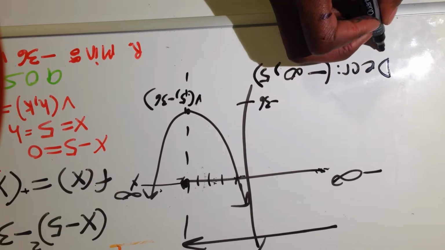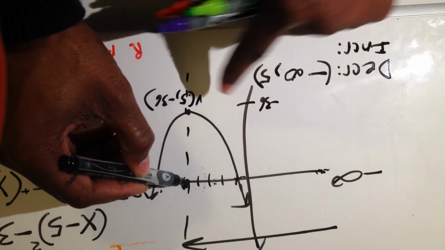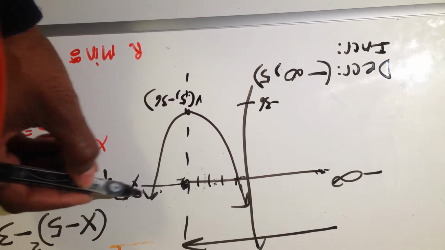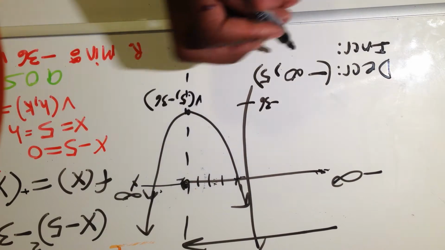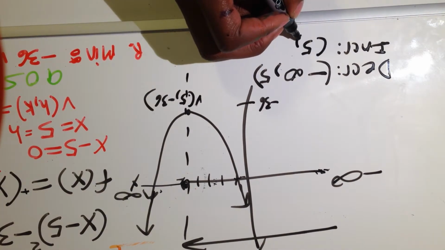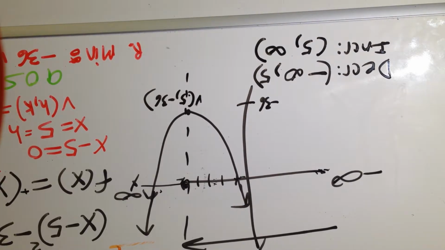And the function is increasing from 5, look at it, it goes up here, forever. It will forever go up, from 5 to positive infinity. So it's increasing from 5, this is how you write it, 5 comma, which means to, positive infinity.